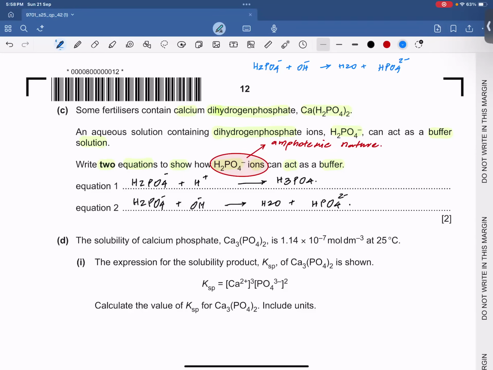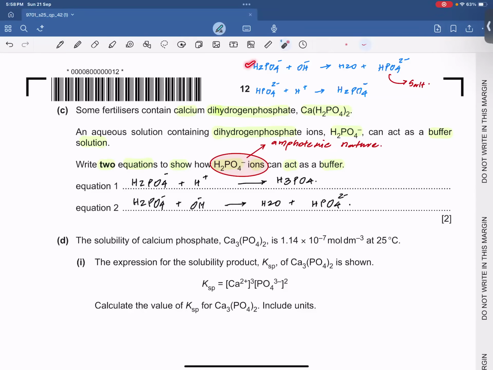So this is going to be a salt because it has less proton. So this salt can accept proton and convert it into dihydrogen phosphate ion.